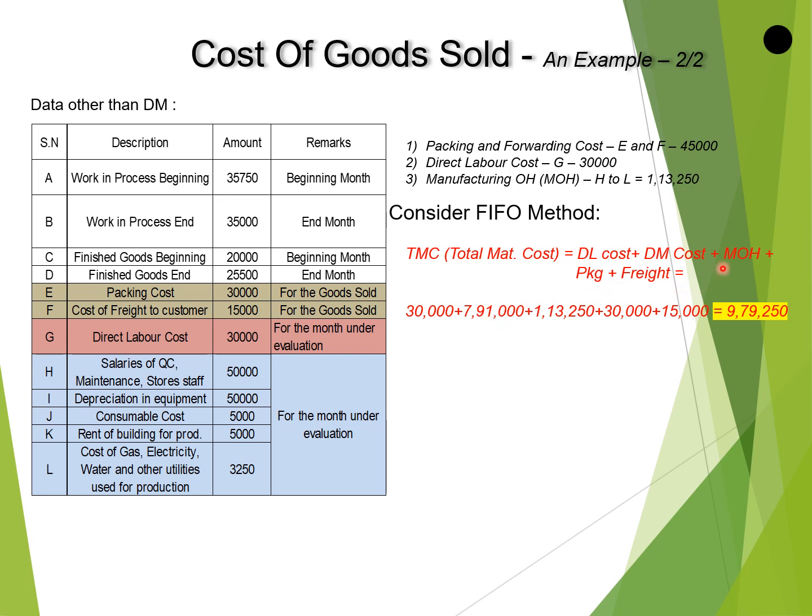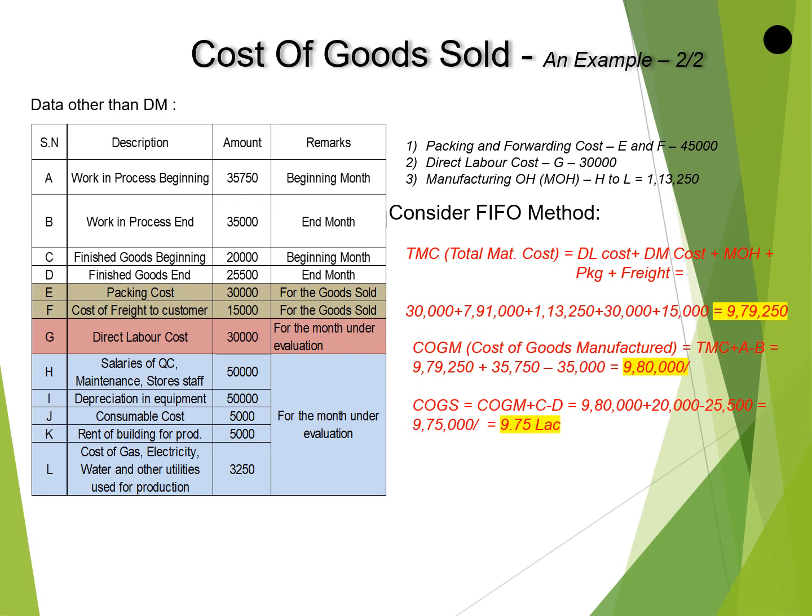Then manufacturing overheads, as we can see here, 1,13,250. Then the packing 13,000 rupees, and the freight is 15,000 rupees. Total put together is 9,79,250.